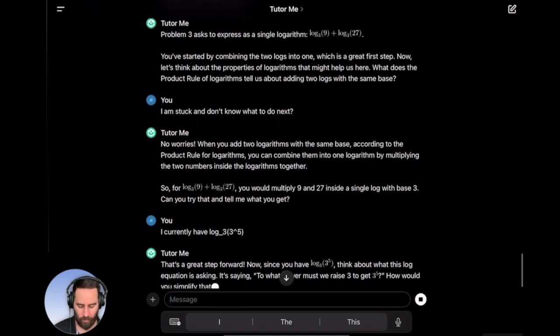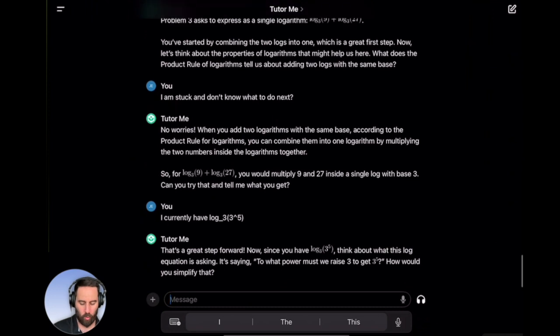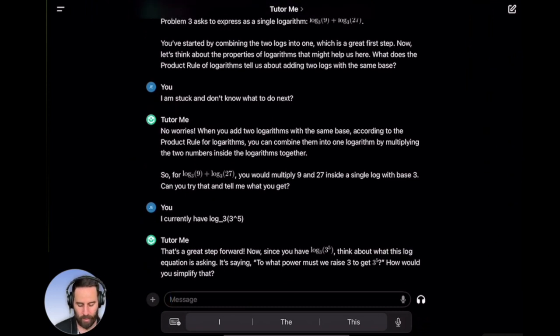Now, since you have log base 3, think about what the equation is asking. It's saying, to what power must we raise 3 to get 3 to the 5th? How would you simplify that? Okay, what power must we raise 3 to get 3 to the 5th? Well, we have to raise it to the 5th power so we can get 3 to the 5th equals 3 to the 5th.